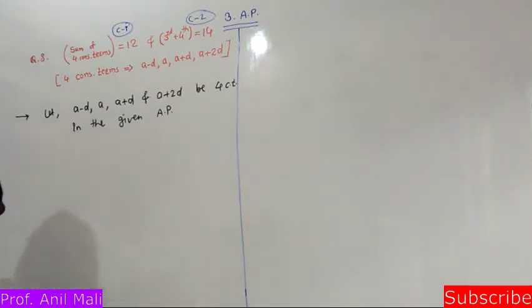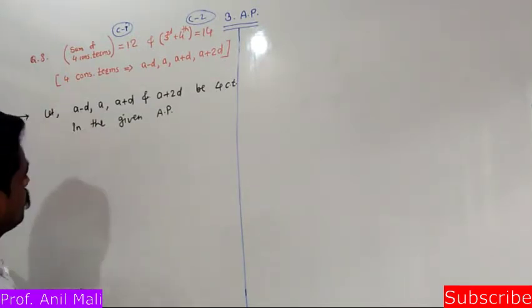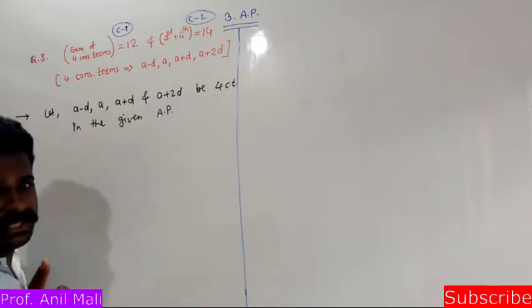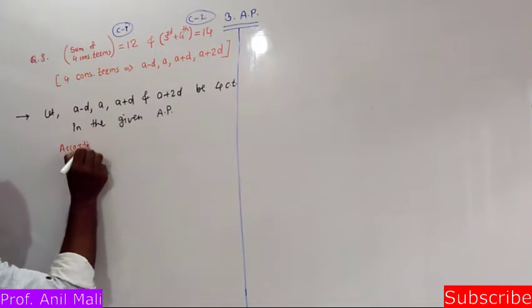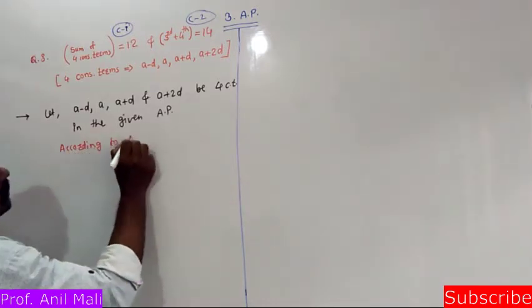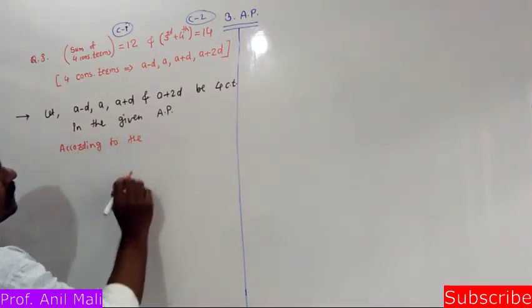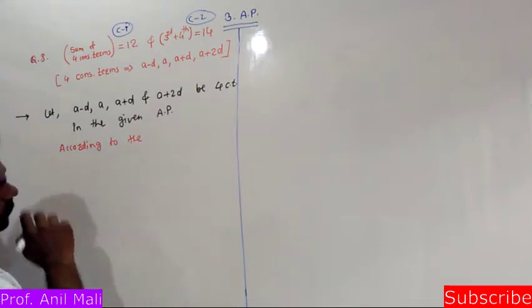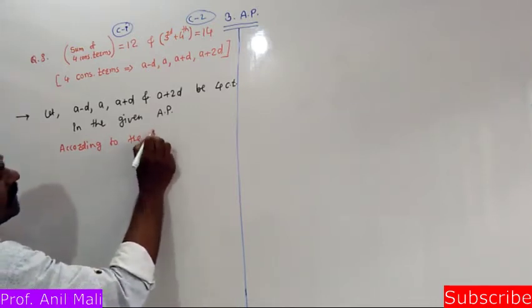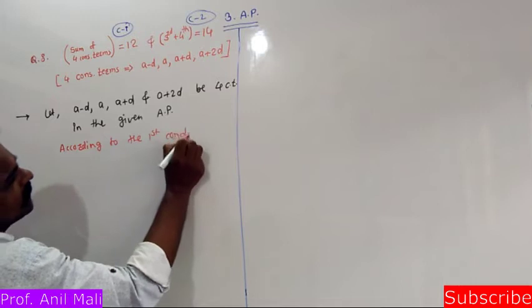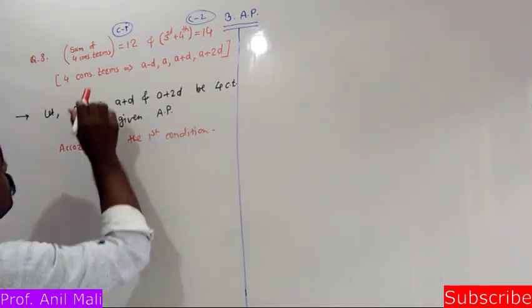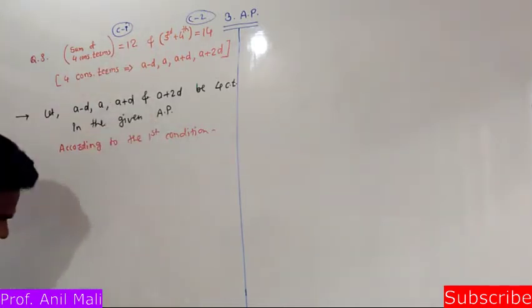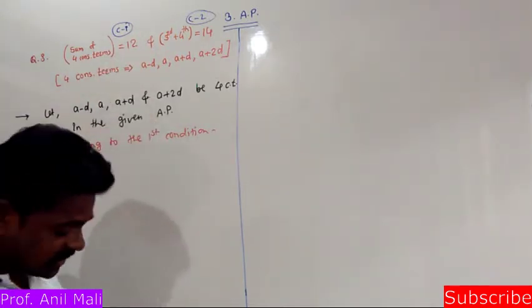Now according to the first condition, what is the first condition? The sum of 4 consecutive terms is 12.